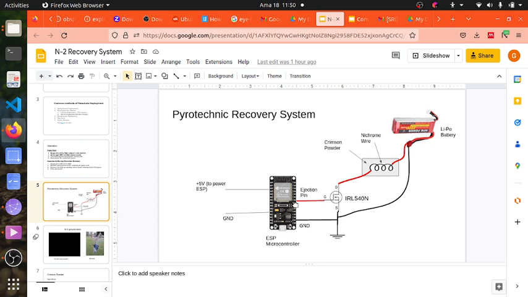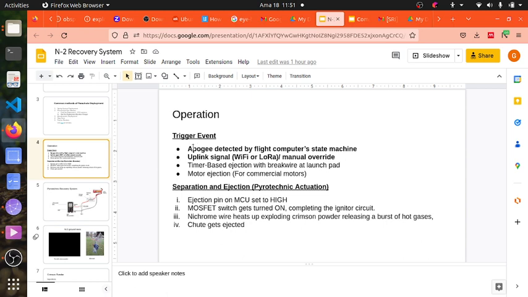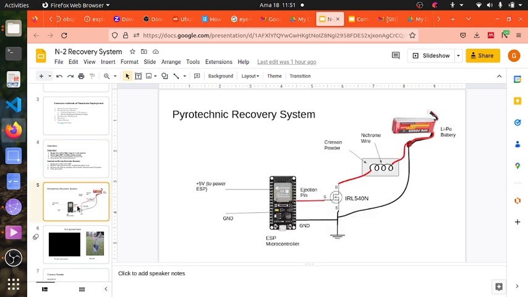So the ejection pin, let's say, is just this pin. The ejection pin is what goes high when you want to deploy. So at this trigger event, for instance when the apogee has been detected, or you've received an uplink command from the ground station, then the microcontroller sets this pin high.